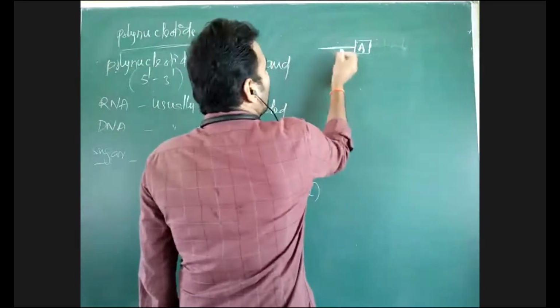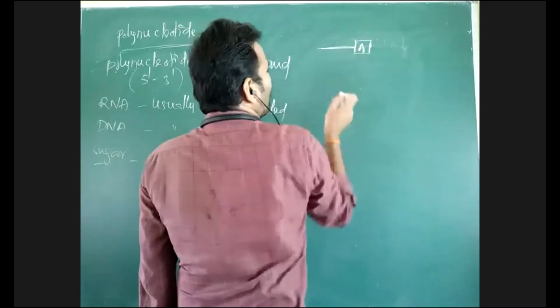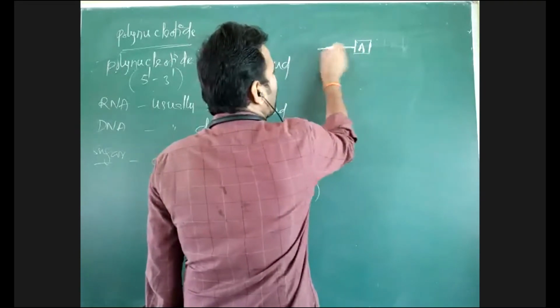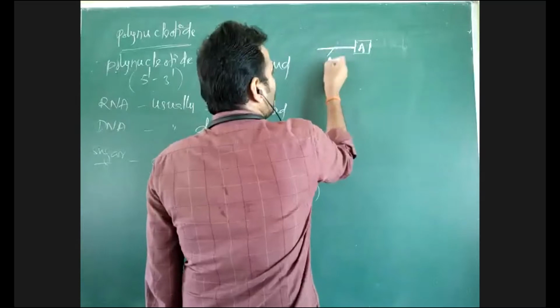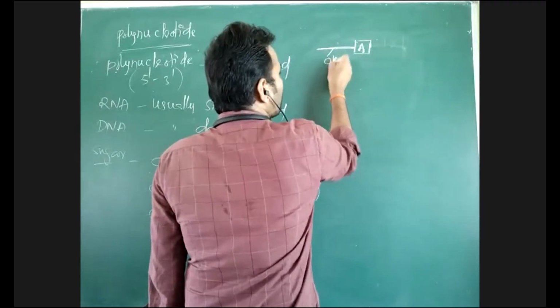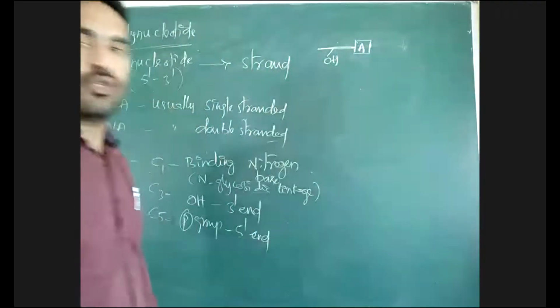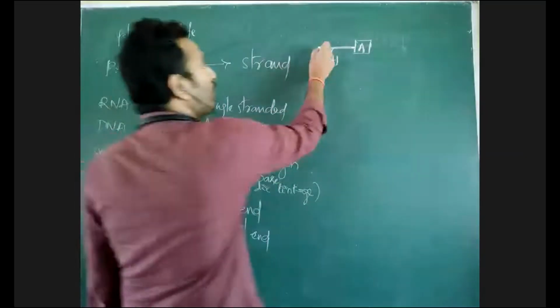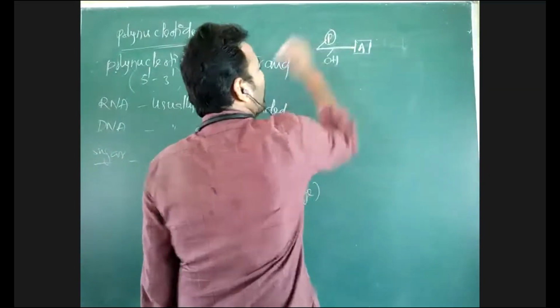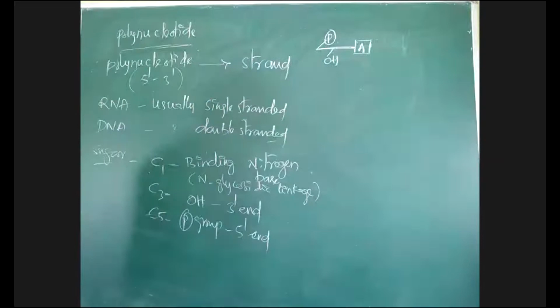Normally, we can number this backbone 1, 2, 3 like that up to 5. In this backbone, the third carbon is important because it has the OH group, and to the fifth carbon there is attachment of a phosphate group. A nucleotide can be represented like this.